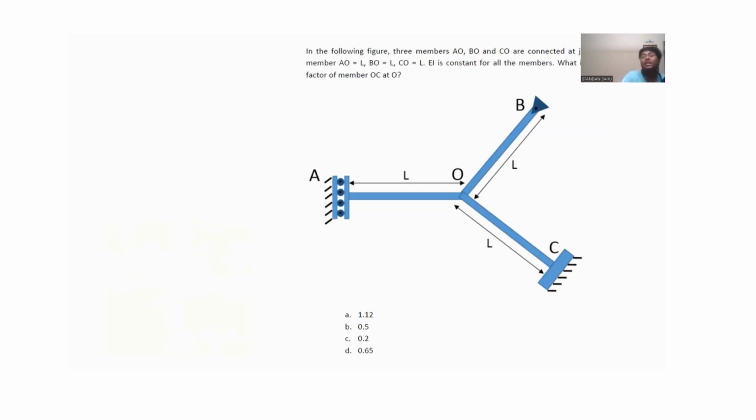Now my work is done. You have to calculate this for this question and tell me the answer. After that, I will do.